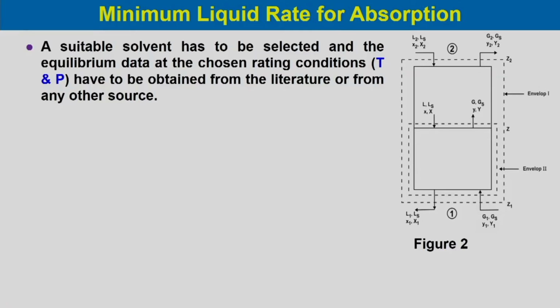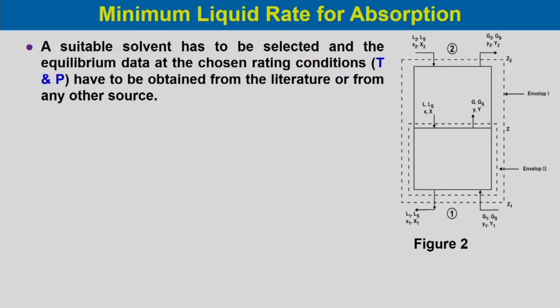So, for a particular process, depending on the properties of the solvent required for that application, the solvent is selected, and then the equilibrium data of that particular gas mixture should be obtained at the required temperature and pressure conditions, either from the literature or from any other source.